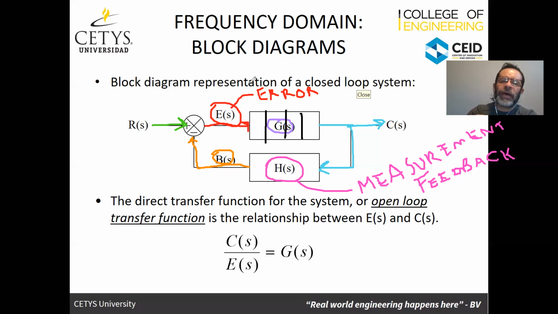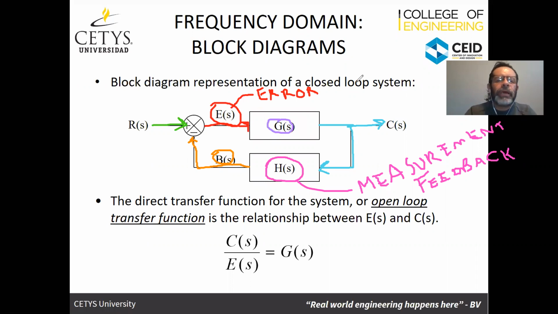And we already saw that with the azimuth antenna. The forward transfer function had many blocks: the controller, the motor, the gears, etc. So that is actually going to be a sort of compilation of all of the blocks that are there, and we call that G of S.